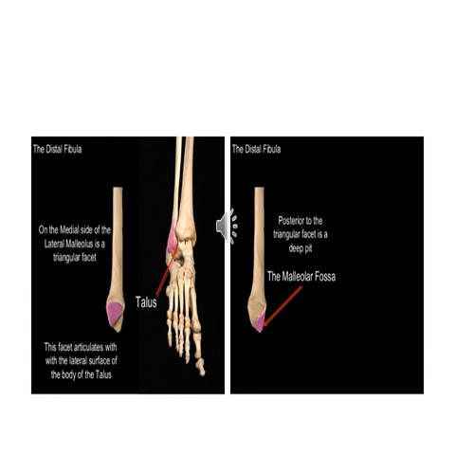It articulates with the triangular facet on the medial surface of the lateral malleolus of the fibula. The inferior surface of the lower end of the tibia articulates with the superior articular surface of the talus, and this is how your ankle joint is formed.